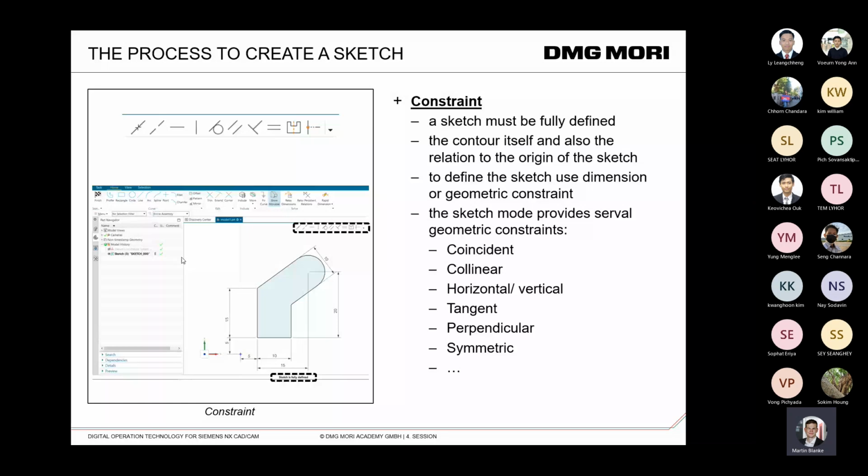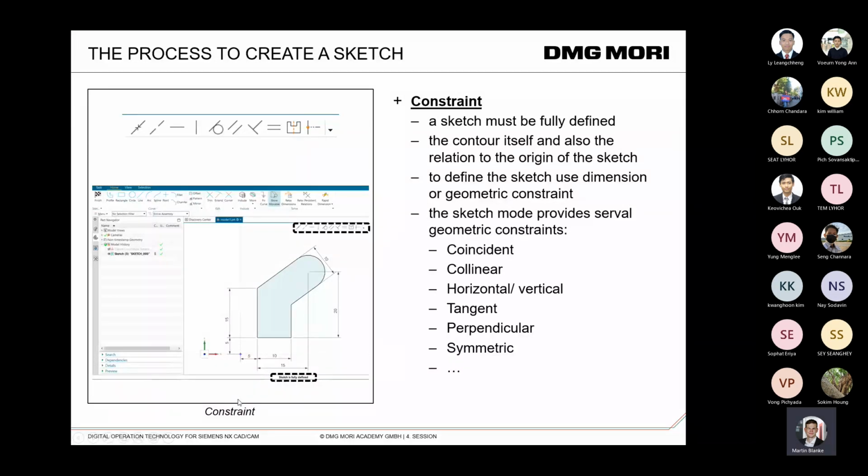In the last session, we talked about dimensions, rapid dimension. This is one important part of constraints, but there is also another kind of constraint, and these are the geometric constraints. On one hand, we have parameters with numbers, values, for example, 15 or 5.